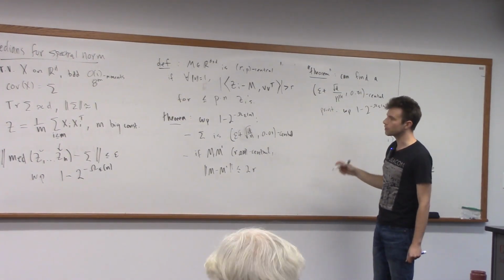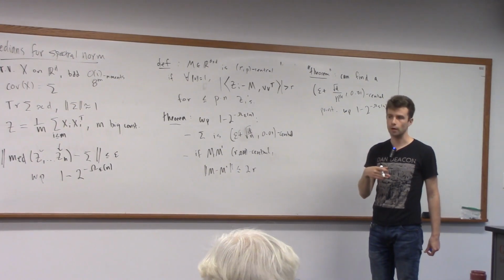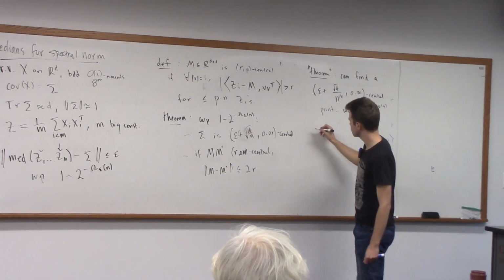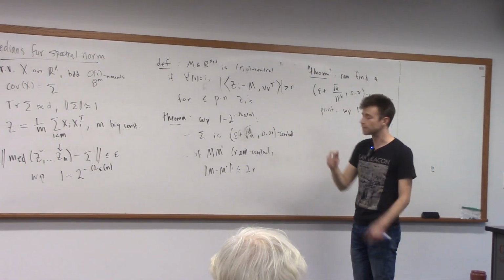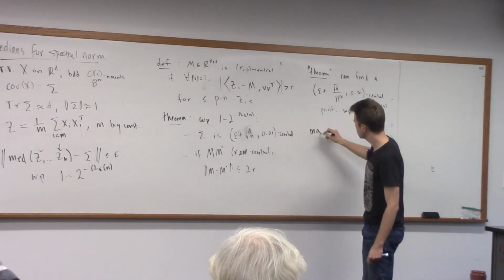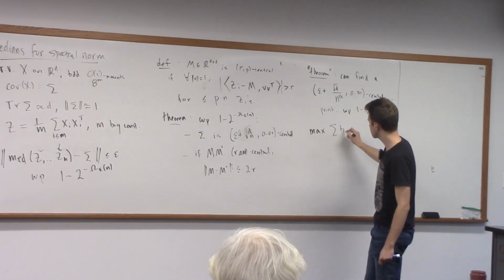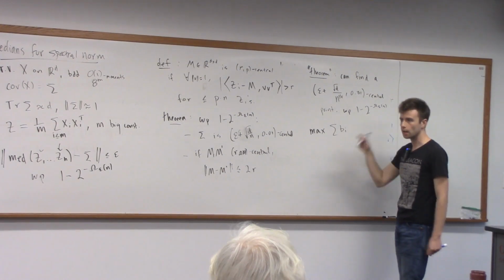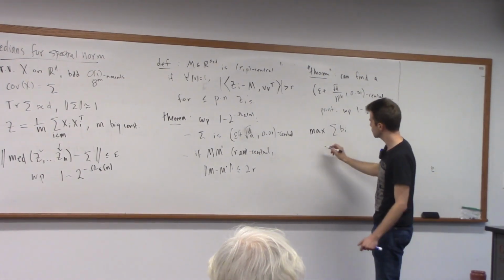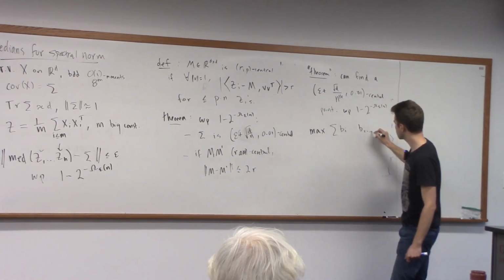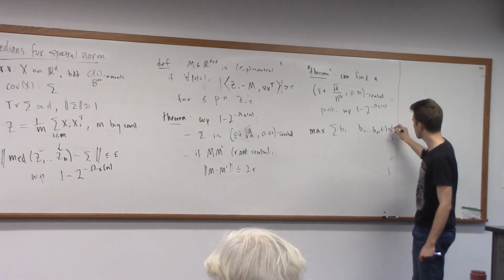And I'm just going to show you that you can set up the analog to the quadratic program we saw before. So here's the analog to the quadratic program for finding a descent direction. Again, I'm going to try to maximize the number of outlier-looking zi's, such that, okay, b1 up to bn are in 0, 1.